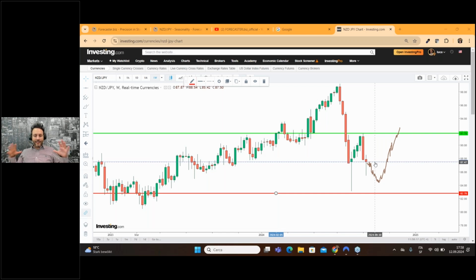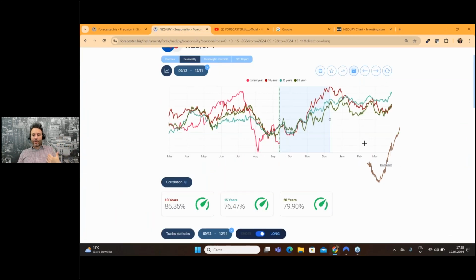Okay, but in this case we have an edge, like the casinos have at the roulette, starting from the beginning, because we know the data in 1 second. Thanks to the forecaster terminal, we can analyze 20 years of data, and we know exactly that we have an edge in this moment. Okay, so this is the strategy, guys.